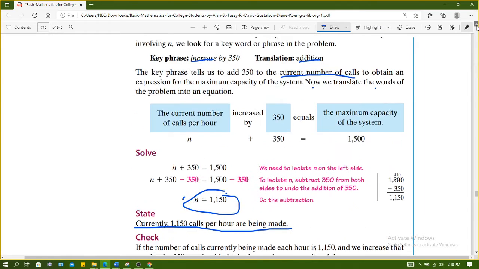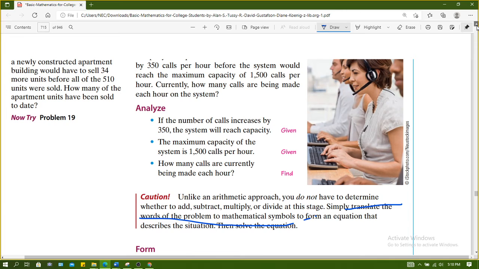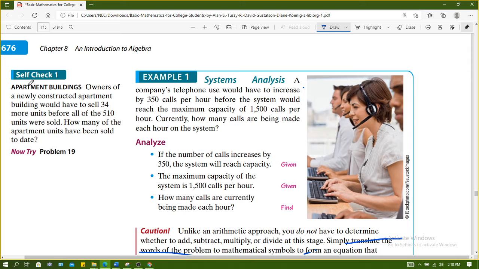Now let's go read the self-check number one. Apartment buildings. Owners of a newly constructed apartment building would have to sell 34 more units before all of the 510 units were sold. How many of the apartment units have been sold to date?